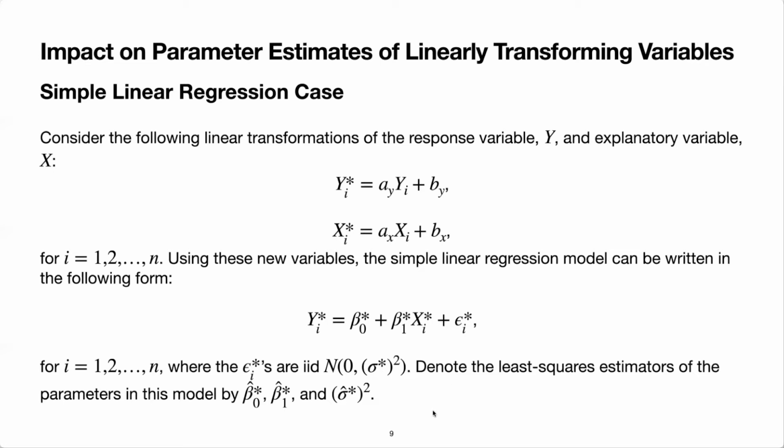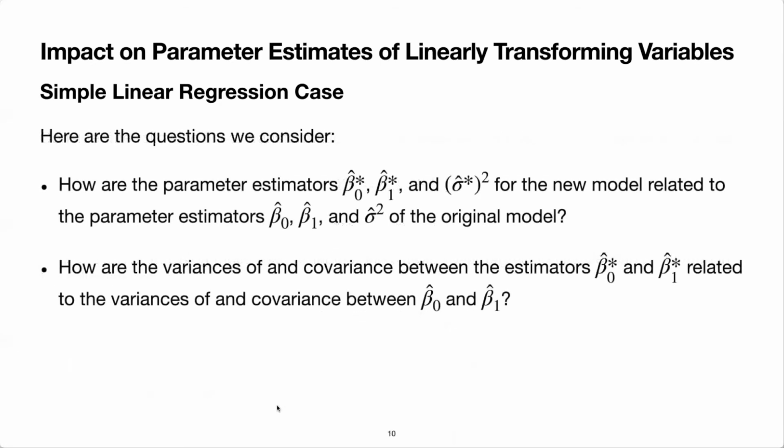Now, denote the least squares estimators of the parameters in this model, in particular the beta parameters, by beta 0 star hat and beta 1 star hat, and the resulting estimate of the error variance, sigma star squared, by sigma star hat squared.